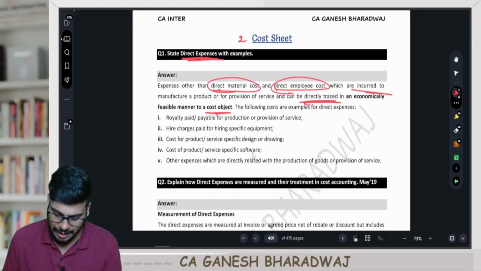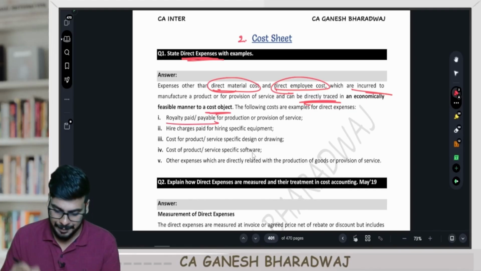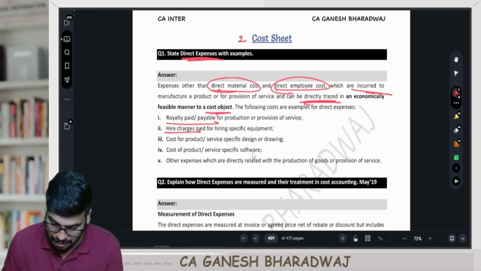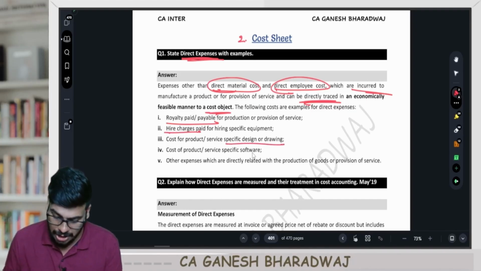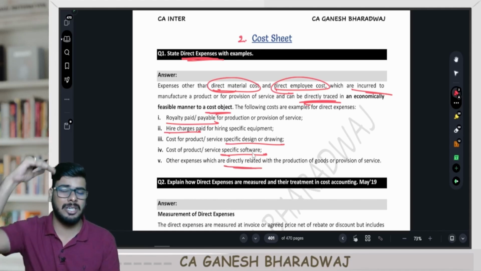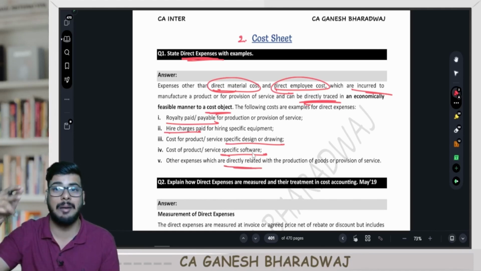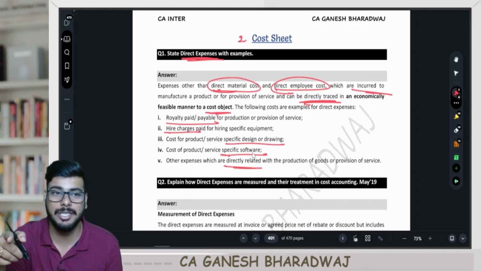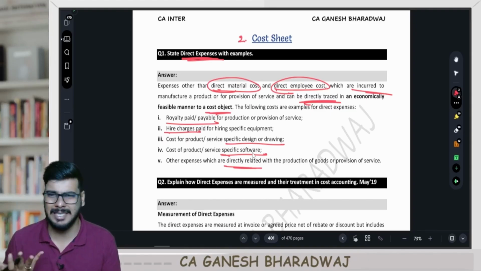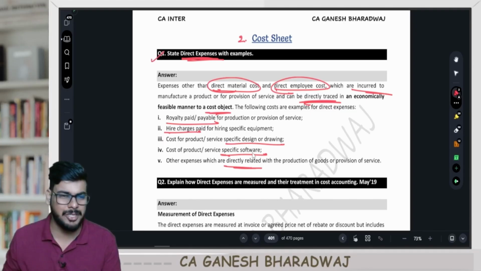Then the following costs are examples: royalty paid or payable, hire charges paid for hiring specific equipment, cost of product or service specific design or drawing, cost of product or service specific software, and other expenses directly related to production. I think we saw a few more points there, like amortized portion of molds and jigs. You write all those things. Clear with this, guys? Nothing great beyond this. It could be a straight question.